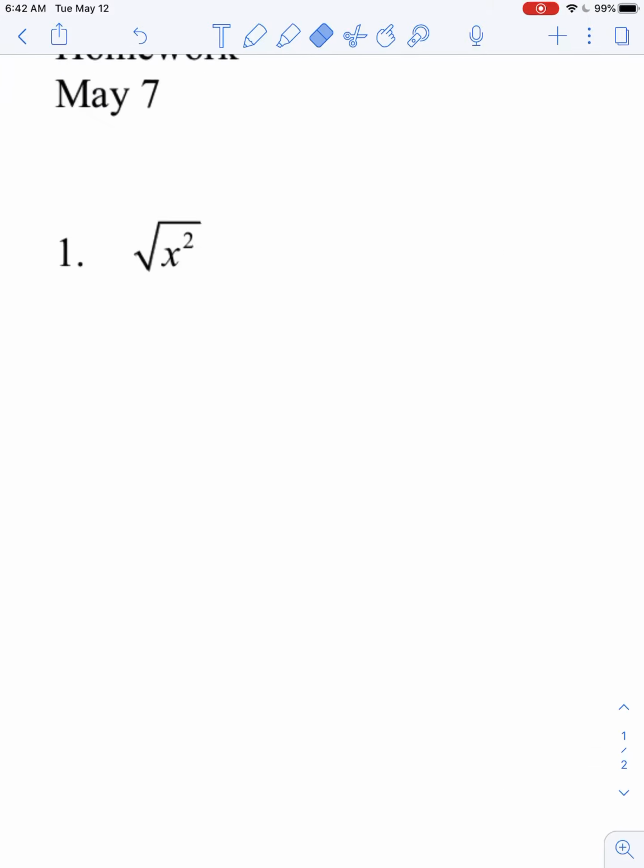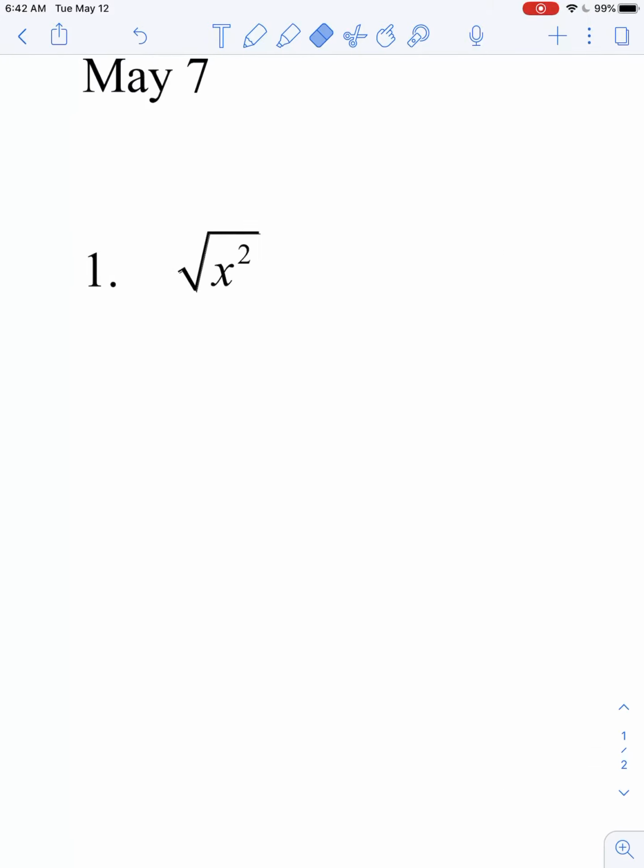When you look at problem number one, it says the square root of x squared. And as we talked about in class today, you look at the variables and you find the exponent. If the exponent is even, it means it's a perfect square. You simply take half of whatever that even exponent is, and that's what comes out of the square root.